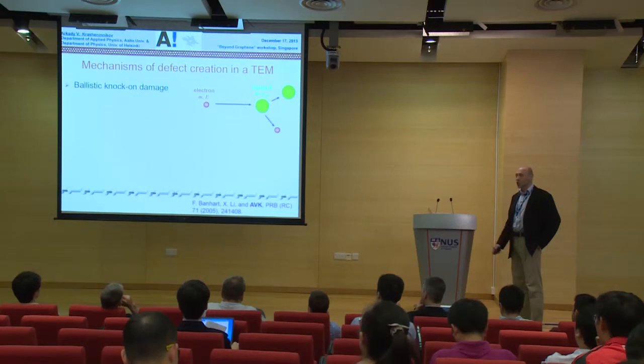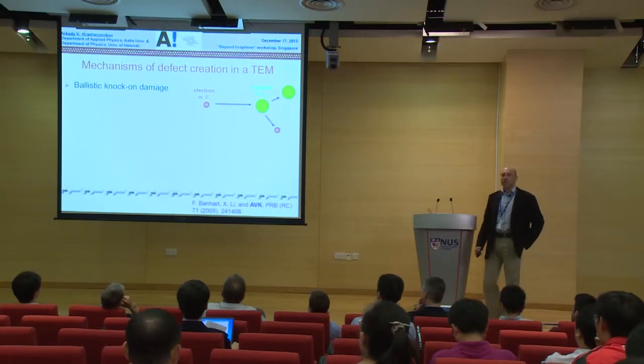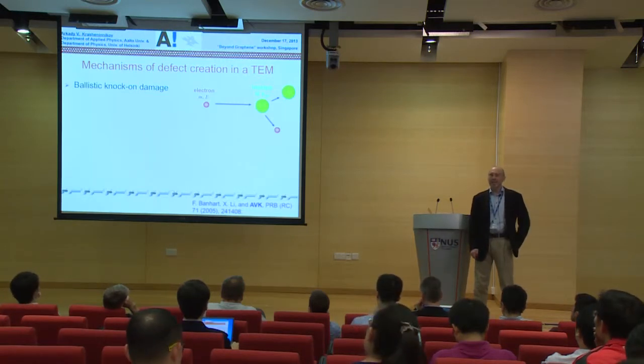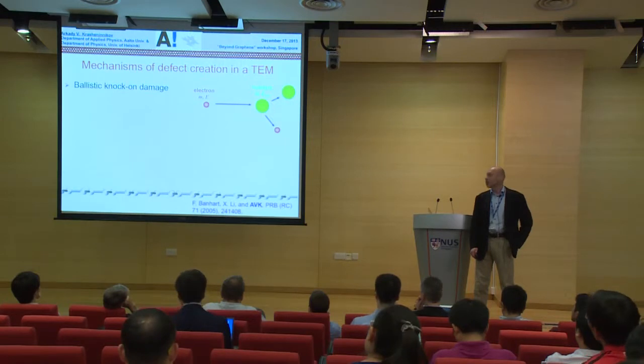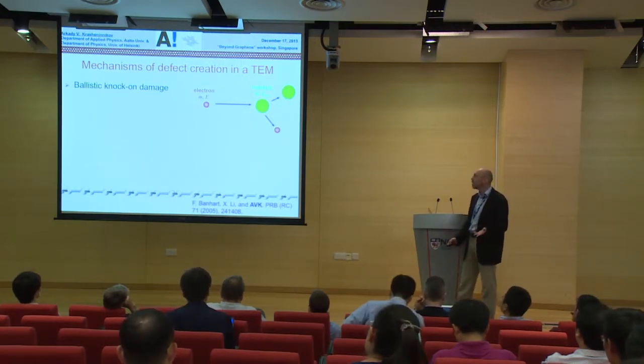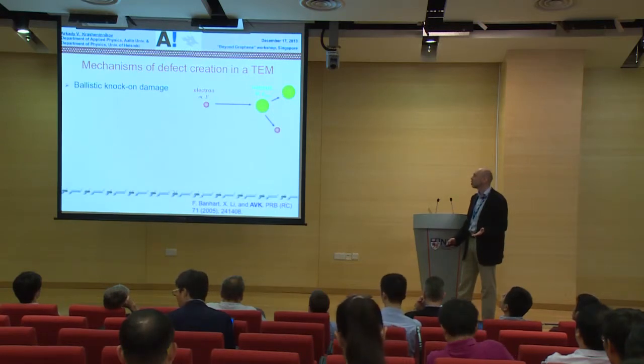Okay, to answer this question, we need to understand how defects in TEM are produced. This slide is a crash course about damage in the transmission electron microscope. The first source of defects is ballistic knock-on damage.